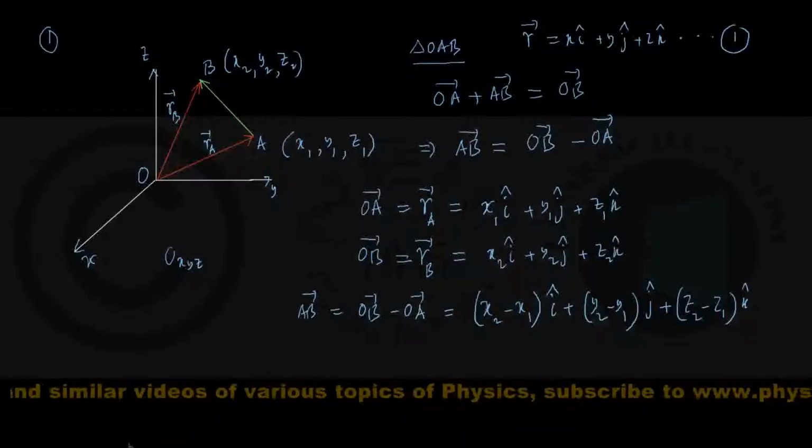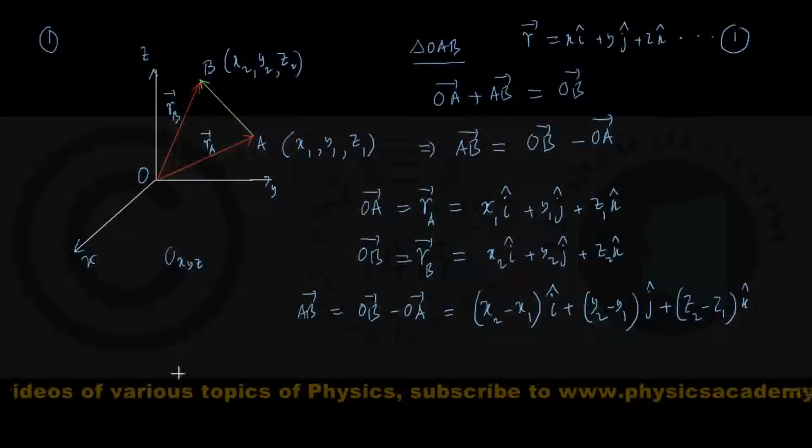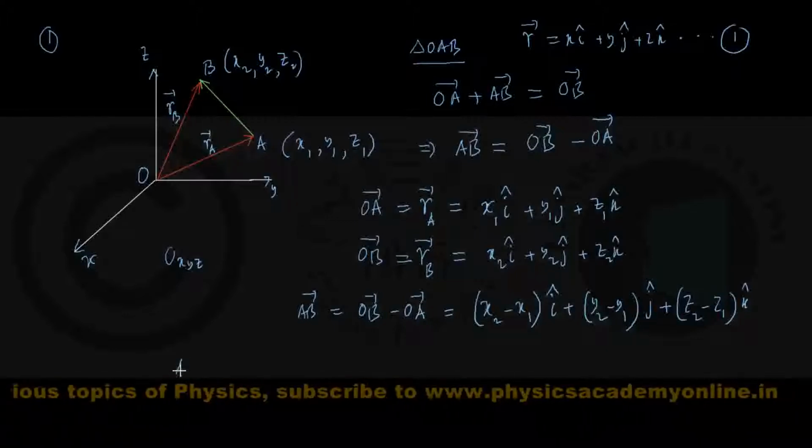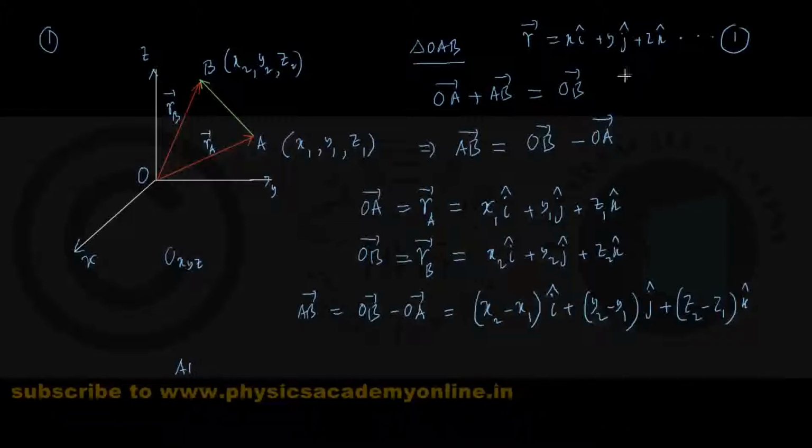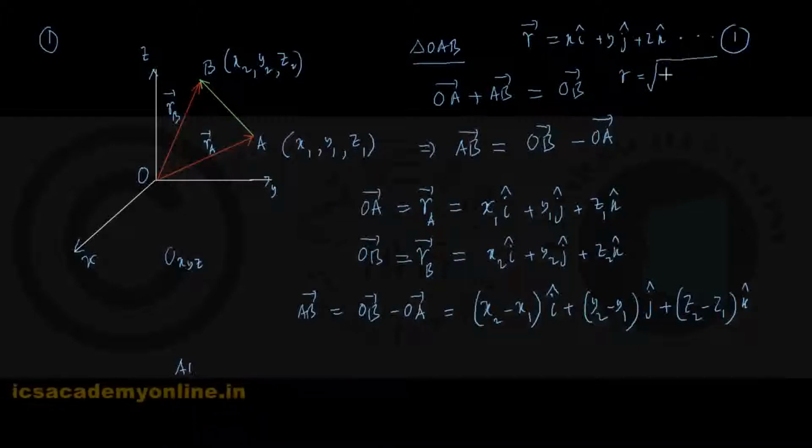You can go further from here and write down the length AB. As we have done earlier, equation number 2 was the square root of x square plus y square plus z square for any given point of coordinates x, y and z.